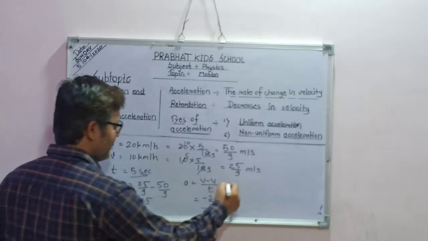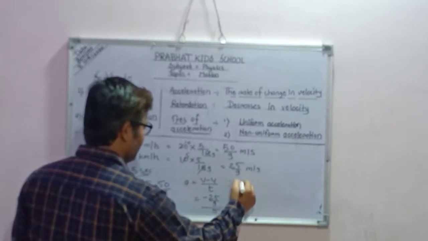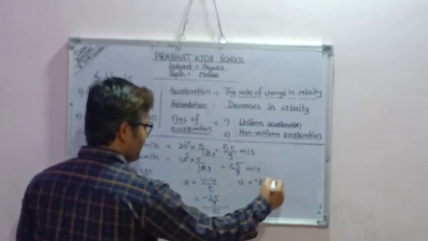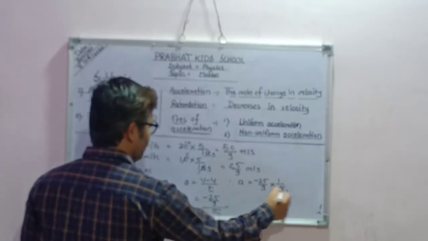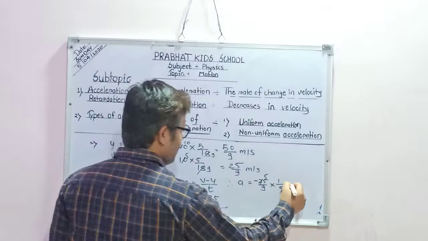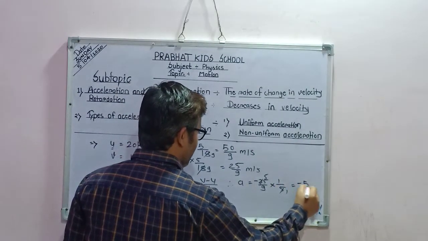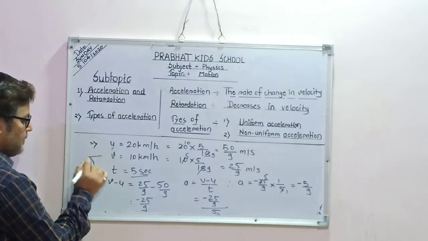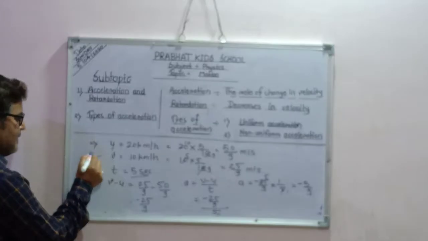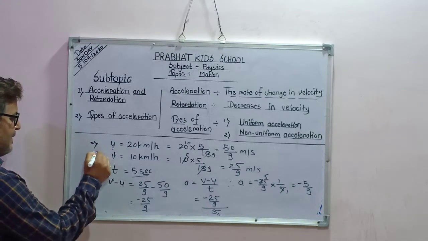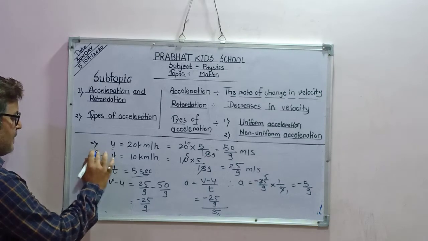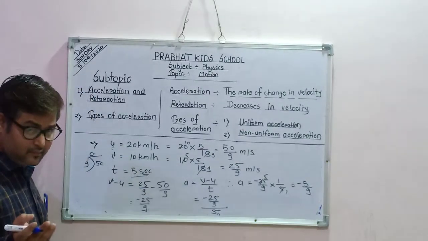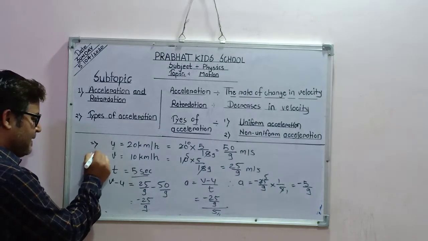So what is my acceleration here? A is equal to minus 25 upon 9 into 1 by 5, that is minus 5 upon 9. You can divide 5 by 9. 9 1s are 9, 9 2s are 18, 9 3s are 27, 9 4s are 36, 9 5s are 45.